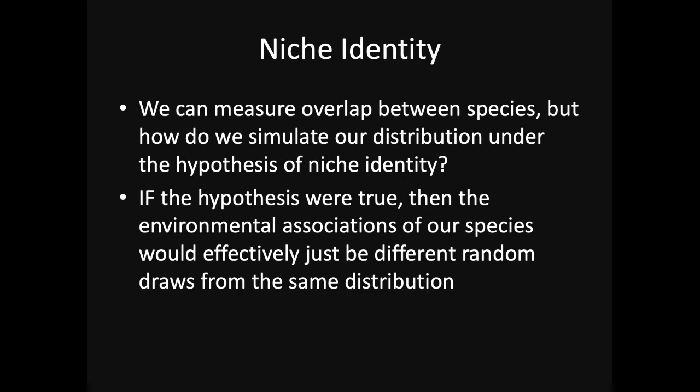It means it's two random draws from the identical distribution. You could have two sets of numbers drawn from the same normal distribution, and the numbers aren't going to be the same, but the underlying distribution will be the same. And so we're essentially trying to simulate data under a scenario where the underlying geographic, and particularly ecological, distribution of our species is identical.